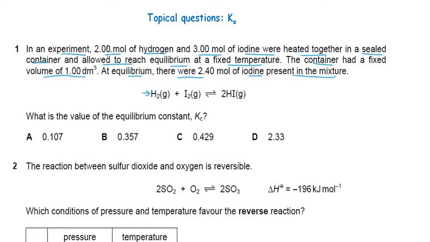Now according to the question, the initial amount was 2 moles for hydrogen and 3 moles for iodine. At equilibrium, 2.4 moles of iodine were left. On subtracting this we get 0.6 moles, that is the used up amount of iodine.